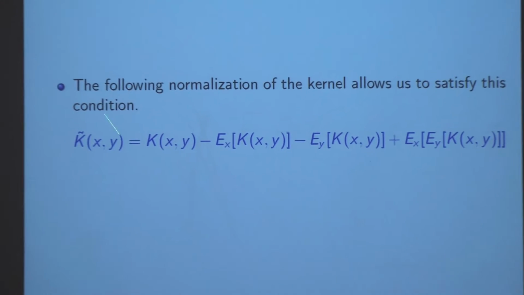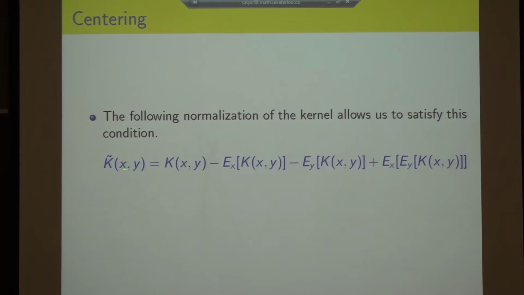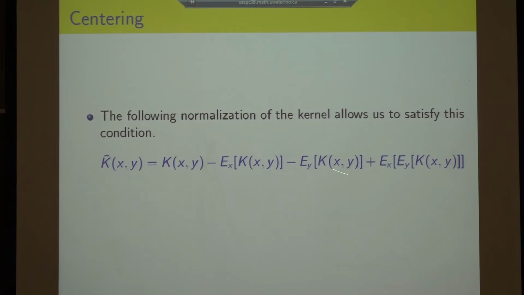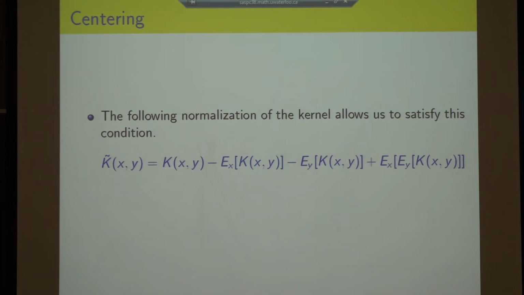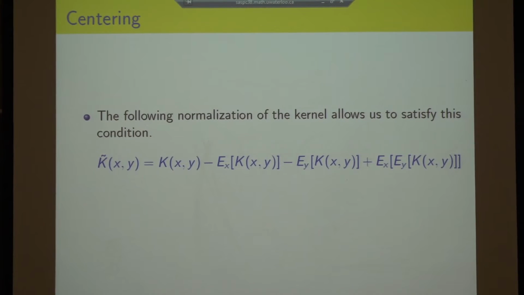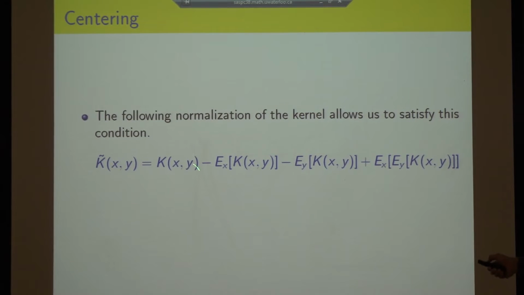You can show easily that this tilde kernel is basically the original kernel minus these two terms and plus this term. It means that to get a kernel corresponding to centralized phi, you compute your kernel first, which is kxy.